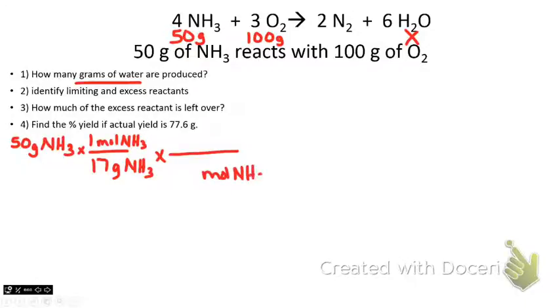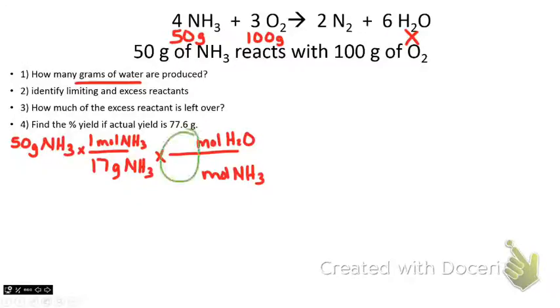I'm going to put moles of NH3 here. And again, where am I trying to get to? Well, I'm trying to get to grams of water, but I can't go straight to grams because I don't have a conversion there, but I do have a mole ratio, so I'm going to go to moles of my product. That's what I'm really interested in.